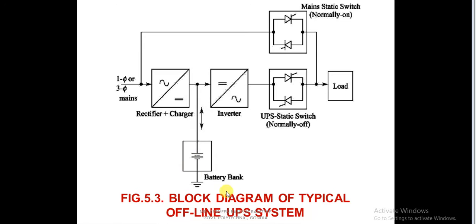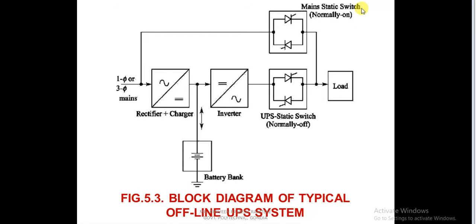So this is the block diagram of a typical offline UPS system. The blocks are same. There is no difference. The only difference here is that in the offline UPS system, which is also called line preferred, this is the input AC line, so it will be normally on.